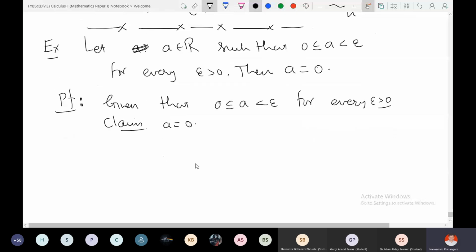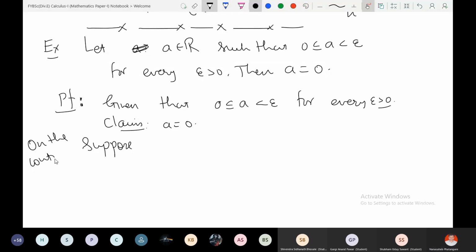So suppose, on the contrary, a is not equal to 0. Then what is a? Do you understand? a is greater than 0.